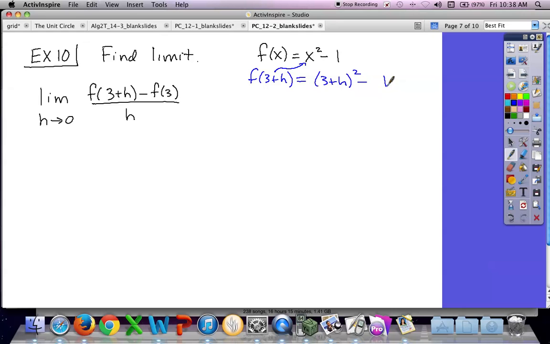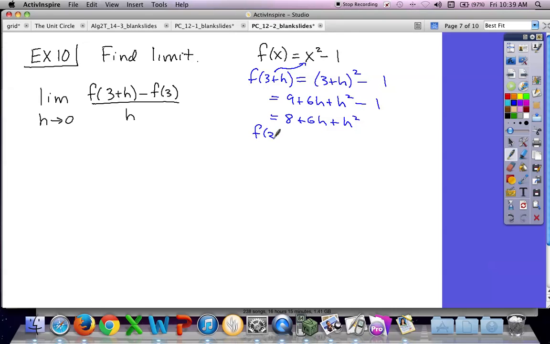Now, that could be simplified. Right? That is 9 plus 6h plus h squared minus 1, which is 8 plus 6h plus h squared. Okay, we will use that here. Now I need f of 3.